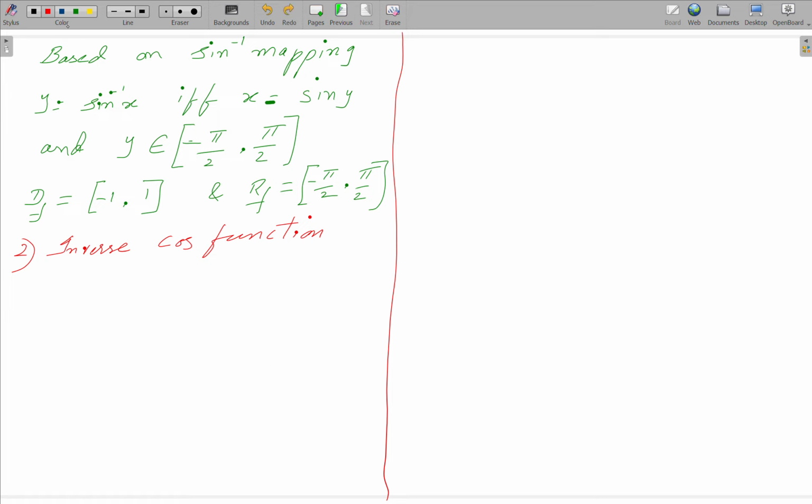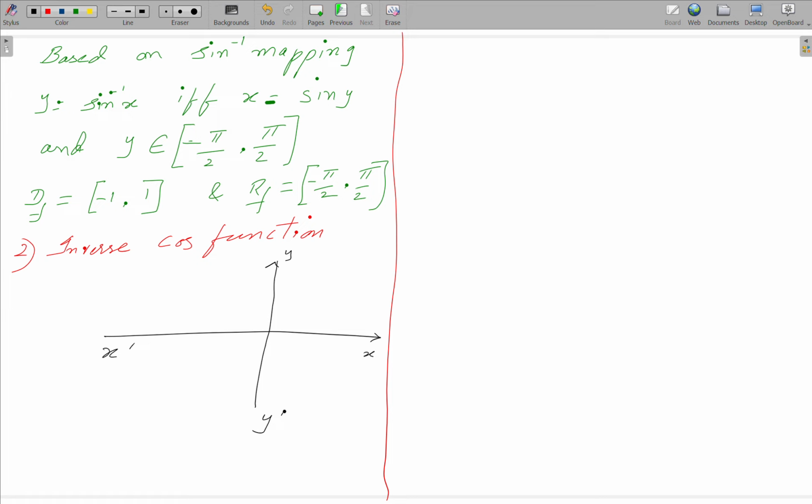This is the y axis and this is the x axis. This is the positive side of x and also the positive side of y. This is y dash and this is x dash.